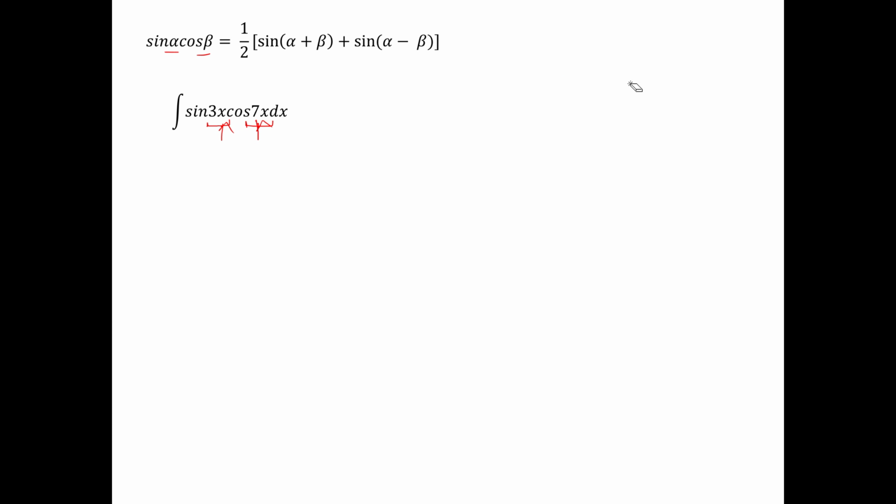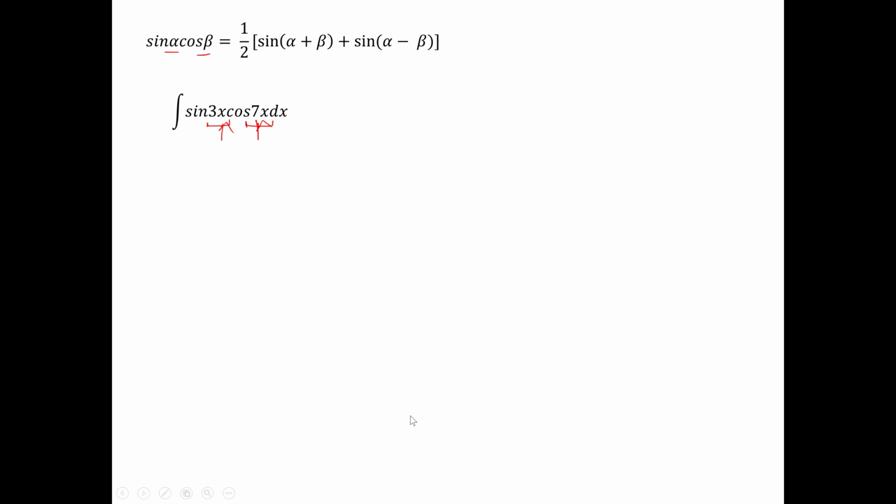And for example, if I say integration sine 3x cosine 3x dx, I simply can use substitution, right? So that I could solve it. But if they are different, like 3x and 7x here, I need to use this formula.